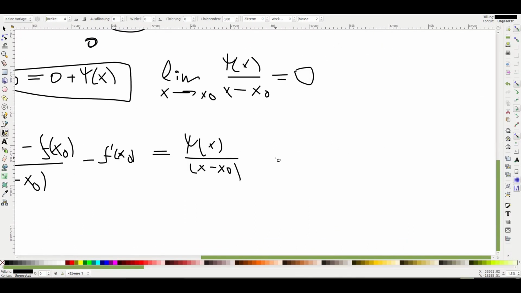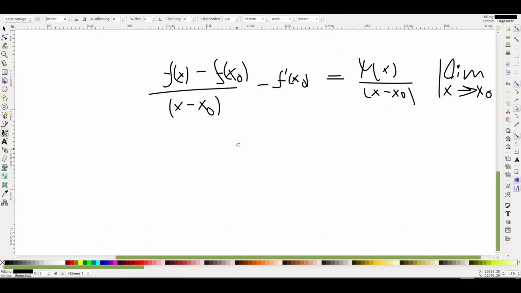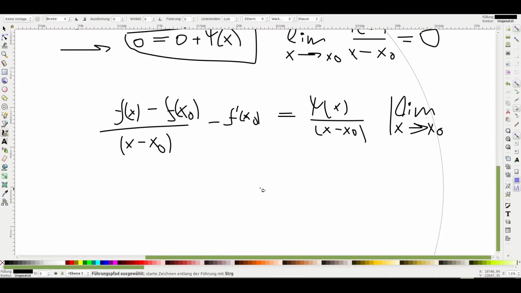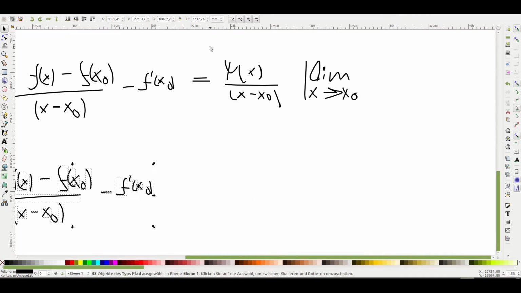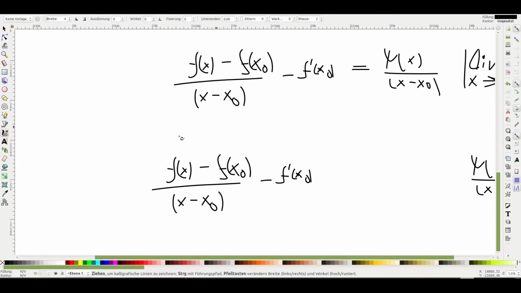Okay, so now what we can do is take the limit on both of these sides, the limit as x approaches x0. Taking both these sides, we just copy this on here and this part down here, maybe a bit more space.